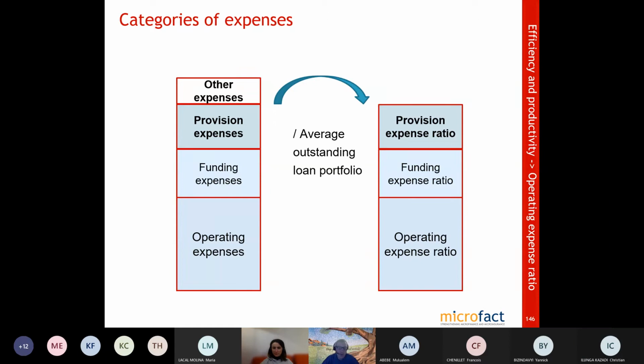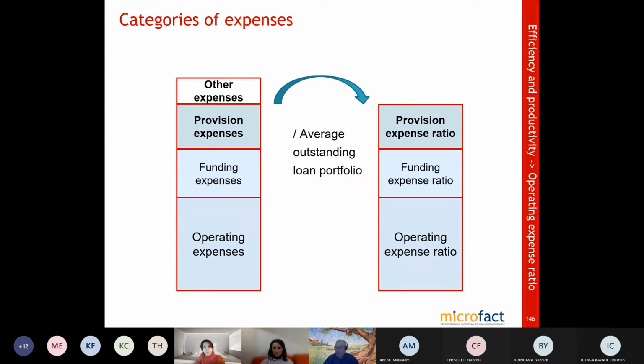When your portfolio quality is good, indeed you keep it at a low level. But normally the provision expense ratio is around 1%, 2% if your portfolio quality is good. Funding, we will see, depends on the organization. If you have savings, it's a bit lower.